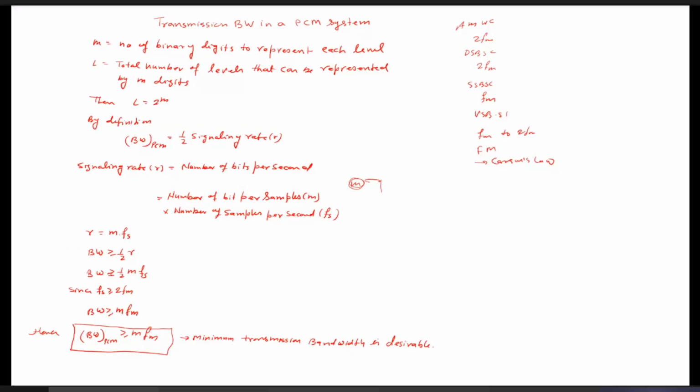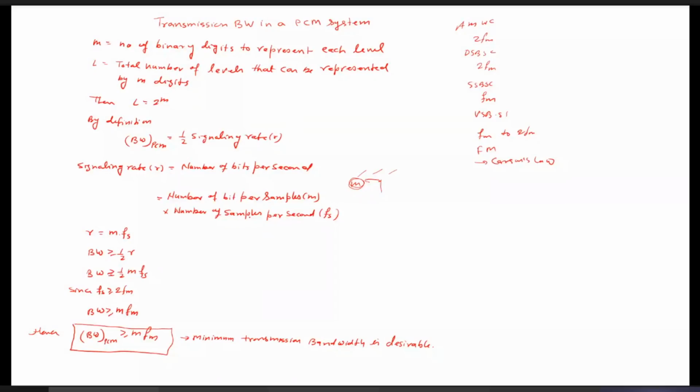We may use 2 bits, 3 bits, 4 bits, 5 bits, depending upon how much quantization error we want to keep low. Because it is bits per sample times samples per second, the sample units cancel out, and the unit ultimately comes out to be bits per second.